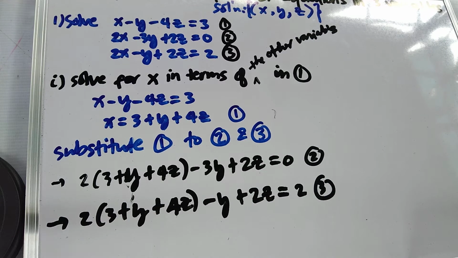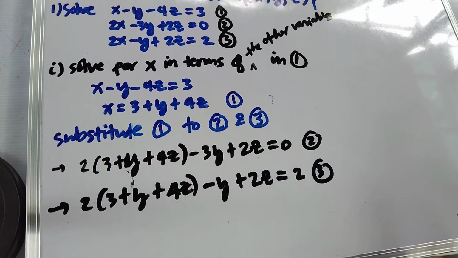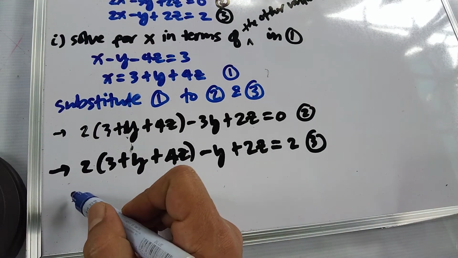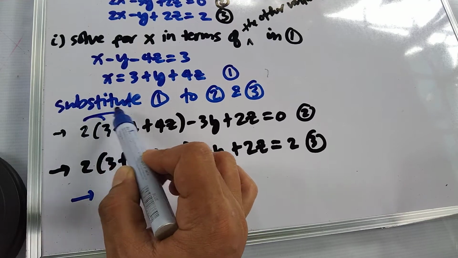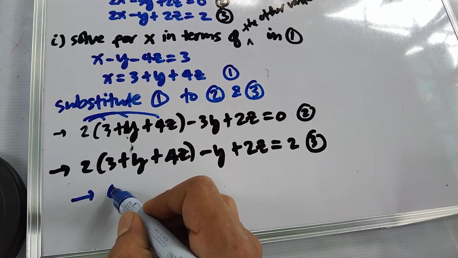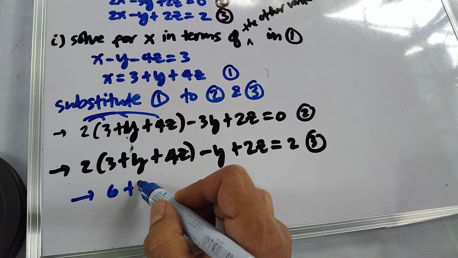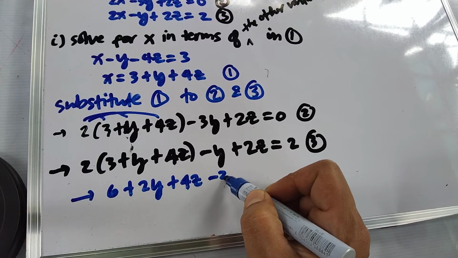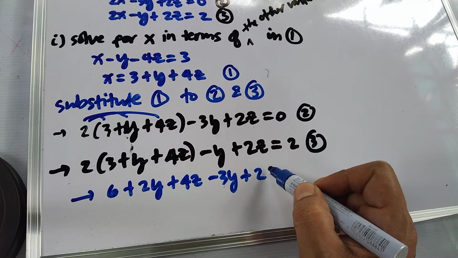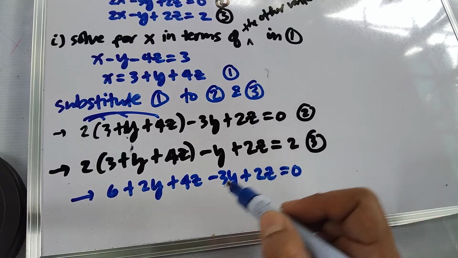Okay, let's simplify that. We distribute 2 to each term. We have 6 plus 2y plus 4z minus 3y plus 2z is equal to 0.